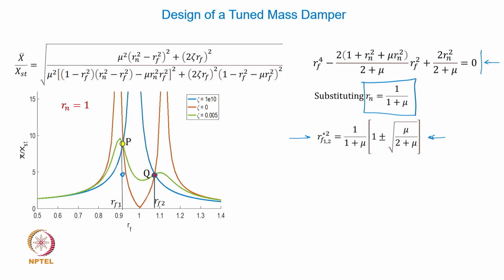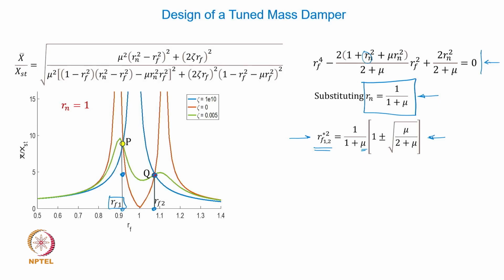Now make a note here that by replacing Rn in terms of mu, everything will be now in terms of the mass ratio mu. So two possible values of RF are obtained here, which are dependent on the mass ratio and pertains to a damper which is a tuned damper. Okay, all right. So that basically gives you these two new forced frequency ratio, but will be basically pertaining to the case where xp is equal to xq.